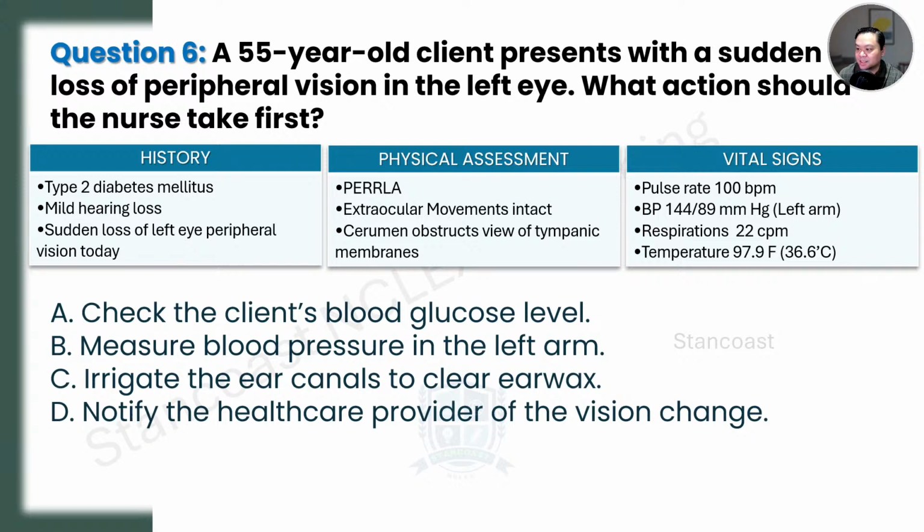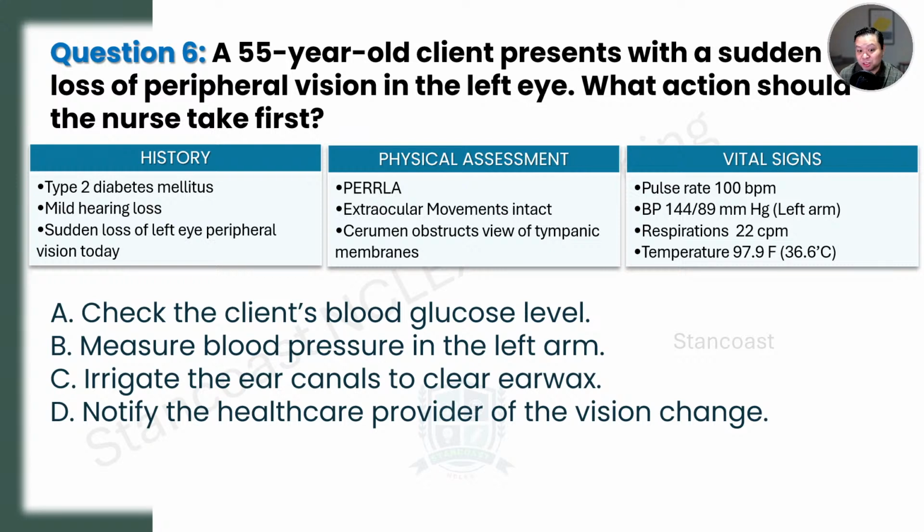The physical assessment included PERRLA, extraocular movements intact, and cerumen obstructs view of tympanic membranes. The patient's vital signs are the following: pulse rate of 100 beats per minute, blood pressure 144/89, respirations of 22 cycles per minute, and temperature of 97.9 Fahrenheit.